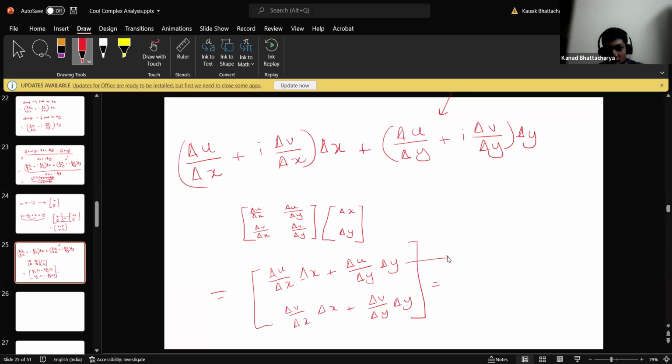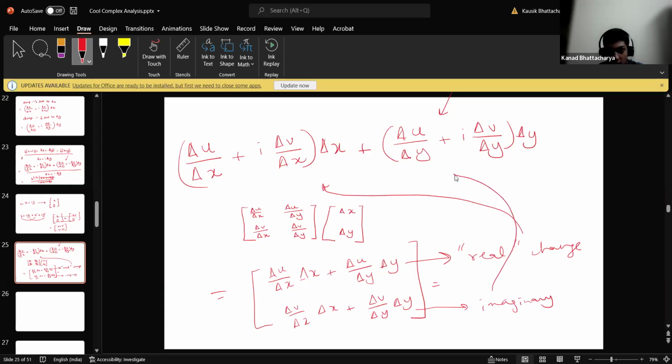If you look, the column just represents the real part of the change, and this basically represents the imaginary part of this expression. So I'm just doing this trick of expressing this in the form of a matrix.